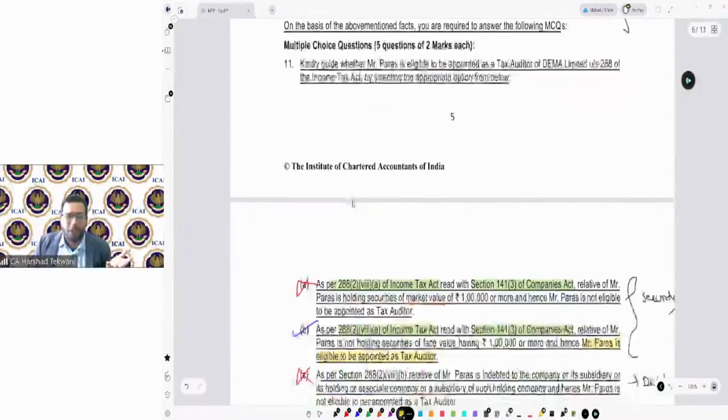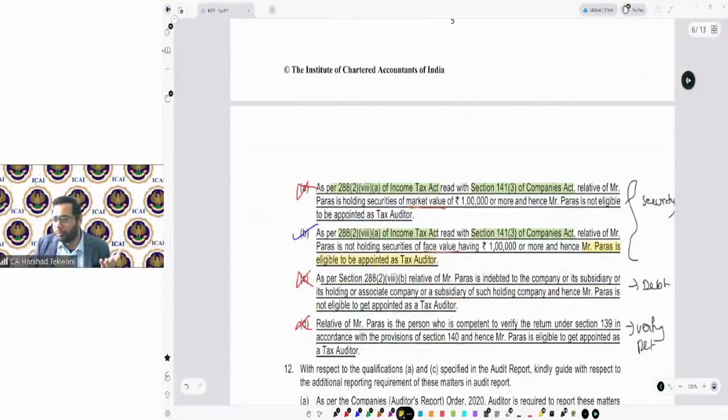So by default, the option goes wrong. It's not related anyway, so I'll just cross it out. This is not a correct option. I hope I'm clear.